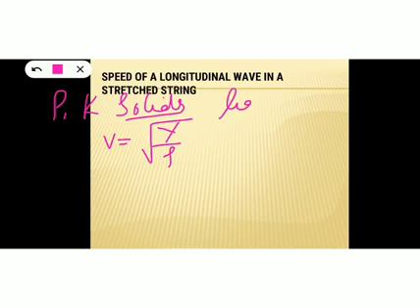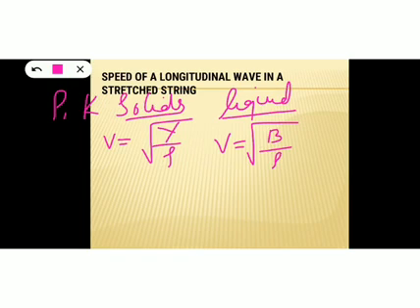And suppose our sound wave is traveling through a liquid, then velocity is determined using square root of B by rho, where B is the bulk modulus of elasticity and rho is the density.